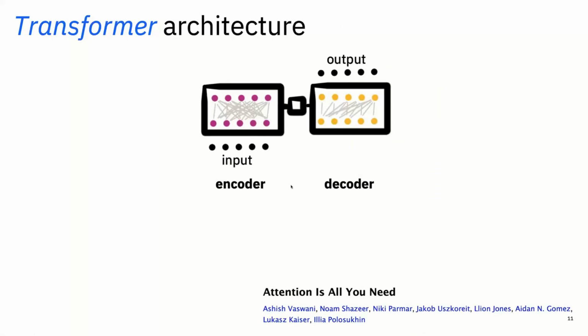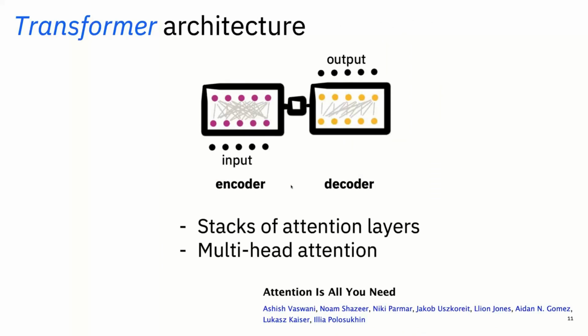In 2017, Vaswani et al. from Google introduced the transformer architecture, which was fully based on stacks of attention layers. And they also introduced the multi-head attention that allowed the decoder, for example, to look at multiple tokens, multiple important parts in the input simultaneously.